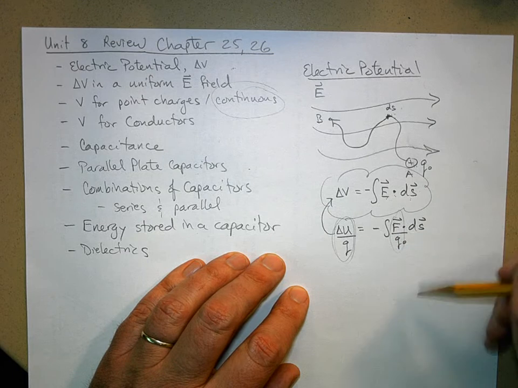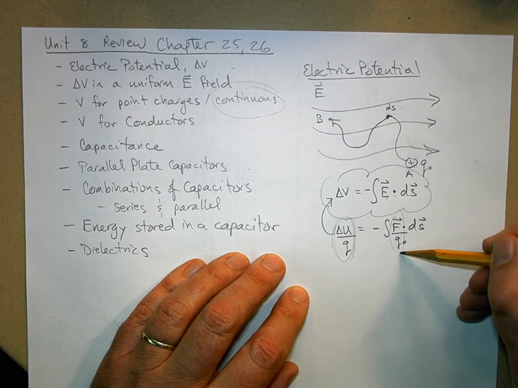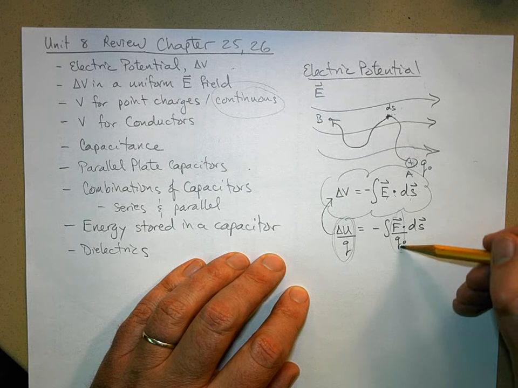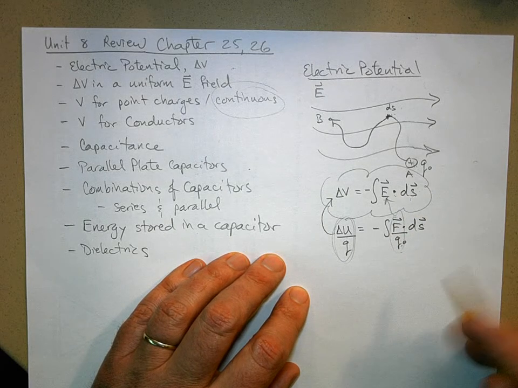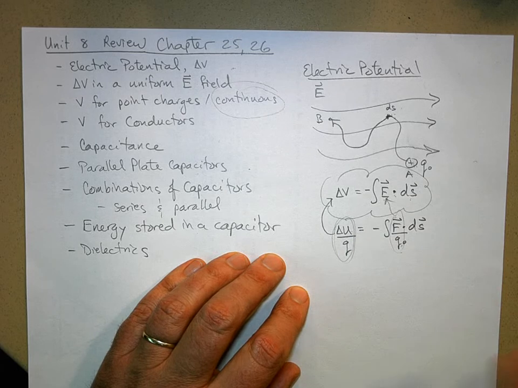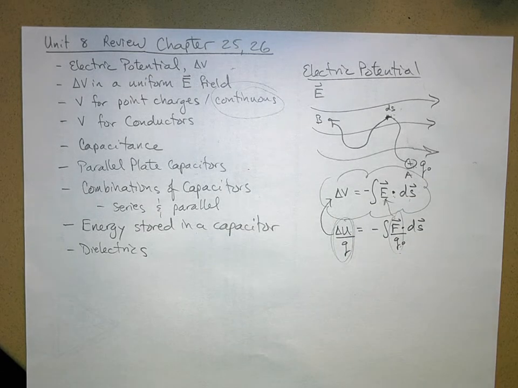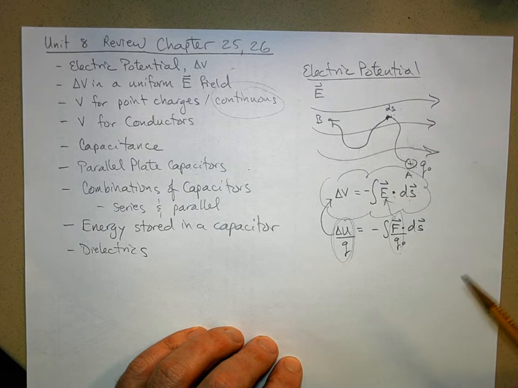And what is the force divided by the charge on the object that has the force on it? That's the electric field, right? And we said this is a joule per coulomb. We called a joule per coulomb a volt. Make sure you remember that a volt is a joule of energy, or a joule of work done, per coulomb of charge that you're moving through this field.